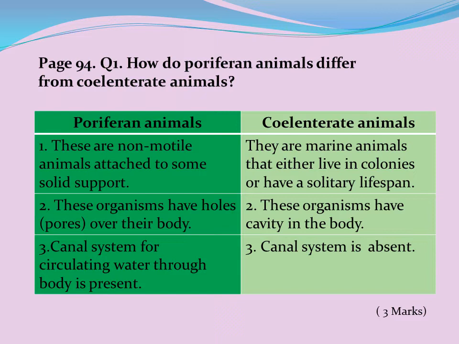Coelenterates are marine animals that either live in colonies or have a solitary lifespan. Poriferans have holes or pores over their body. Coelenterates have a cavity in the body. A canal system for circulating water through the body is present in poriferans. A canal system is absent in coelenterates.